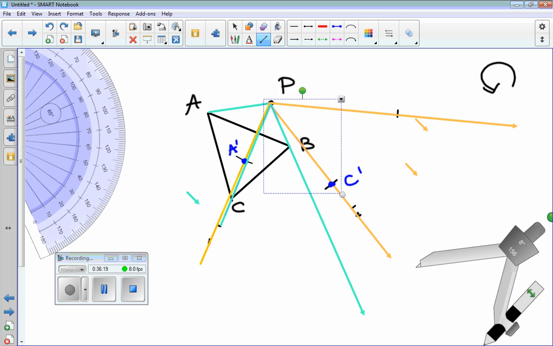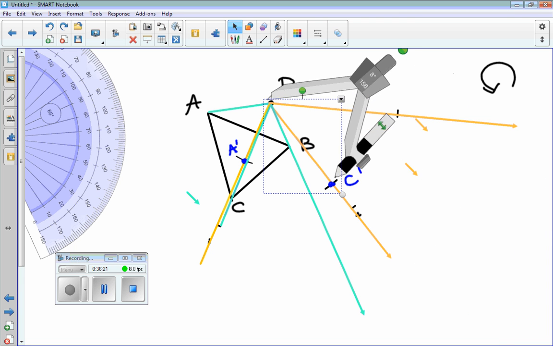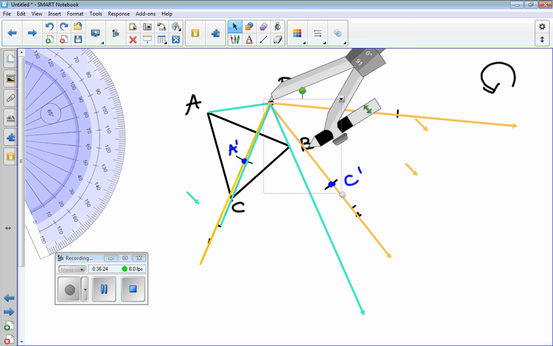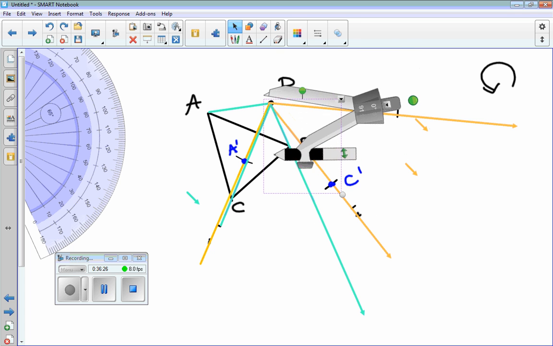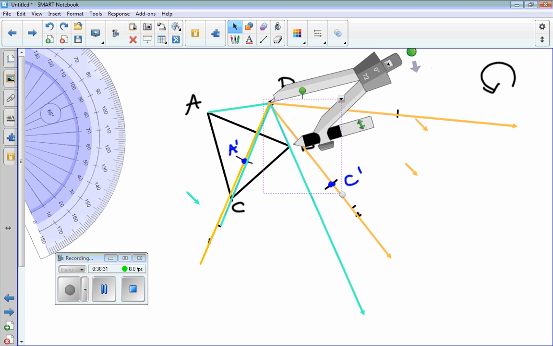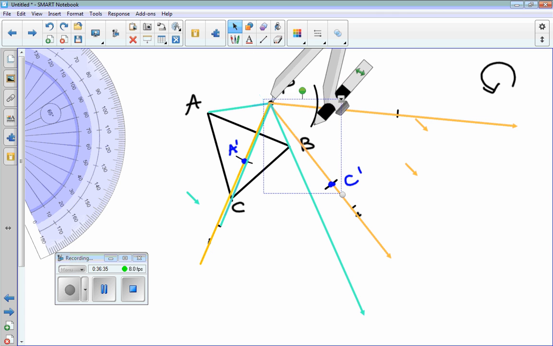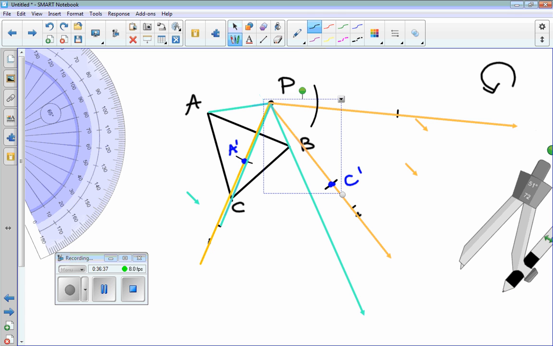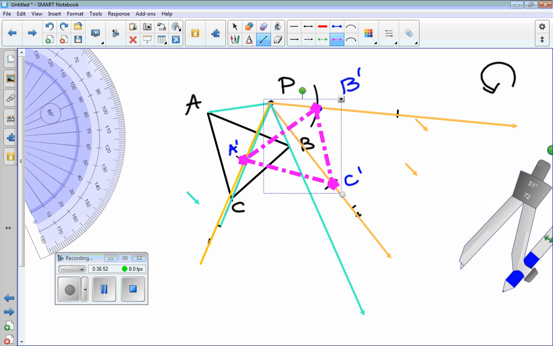We'll measure from P to B. There we go. And we'll make an arc on here, and that will be our B prime. So to connect these, I'll connect them with a dotted line so we can see A prime, B prime, and C prime. And this is now our rotated triangle.